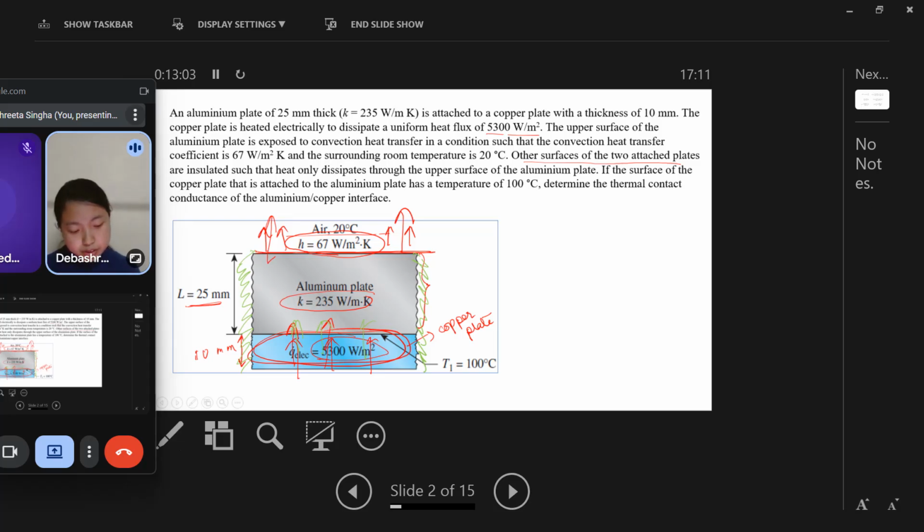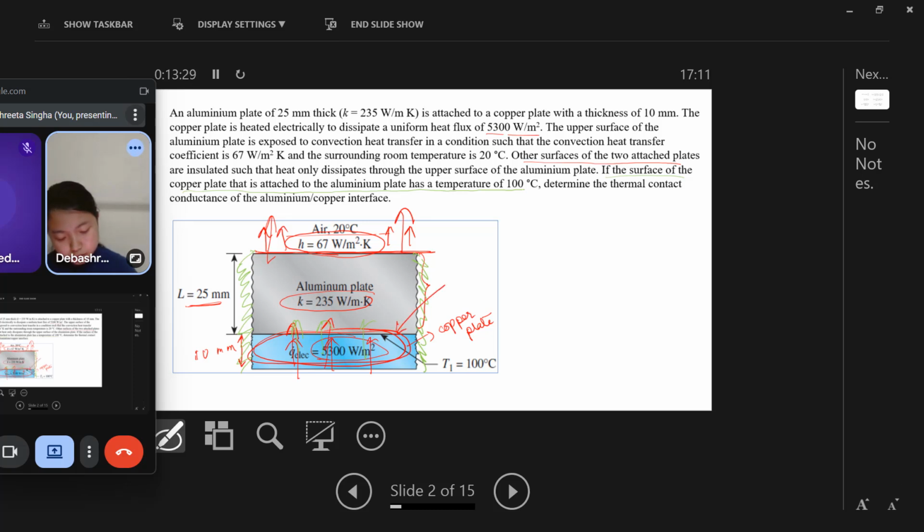If the surface of the copper plate attached to the aluminum plate has a surface temperature of 100 degrees Celsius, that means it's not the temperature of the copper plate, but the temperature at the interface between the copper plate and the aluminum plate, that is given to be 100 degrees Celsius.